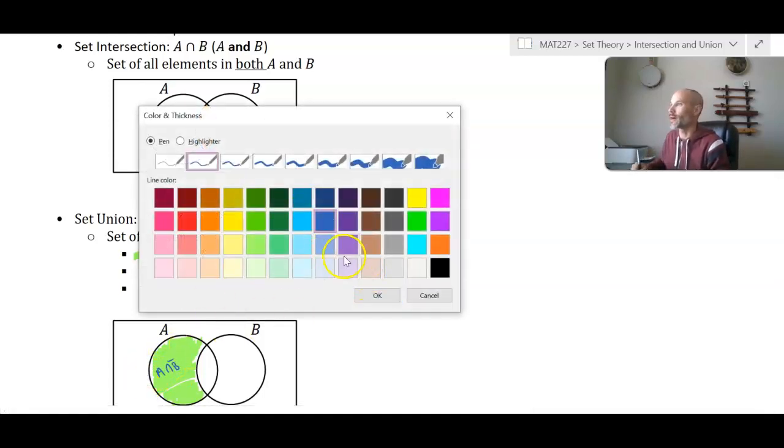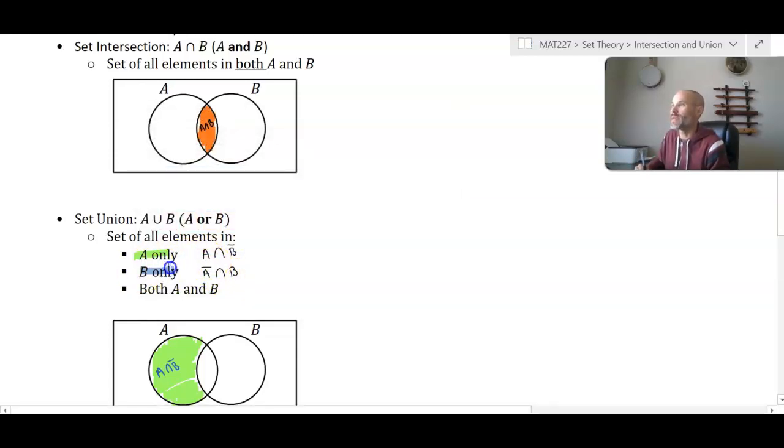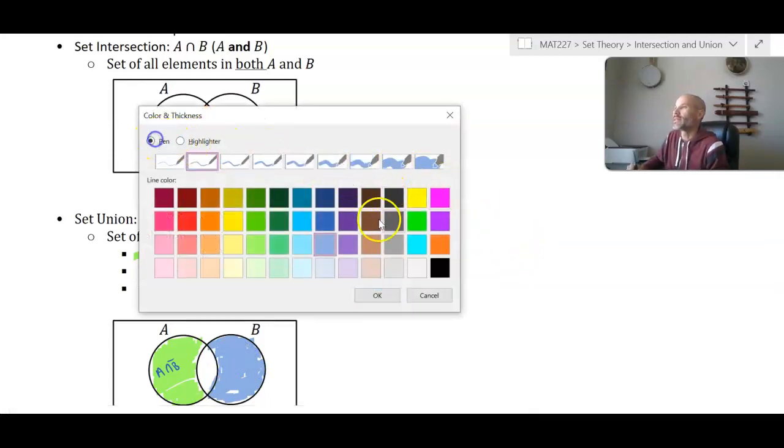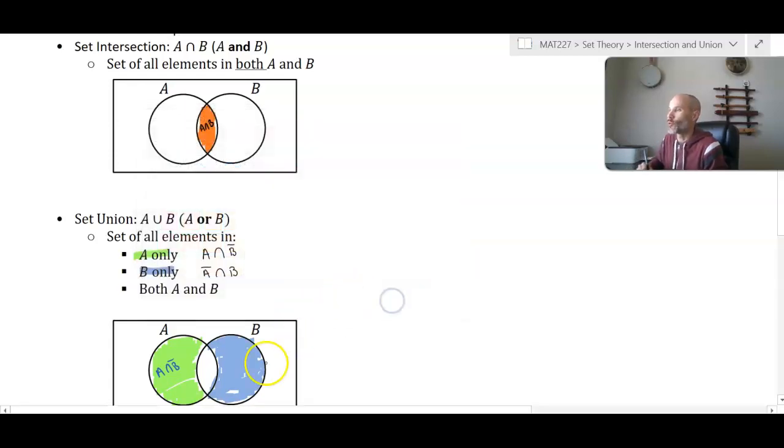You are in A and you're not in B. Now for the second piece, B only, well, that would be you're inside of B, but you're not inside of A. So you share nothing in common with A. And it's going to be all of this stuff right around here. Perfect. Let's go ahead and label that as you are in B and you are not in A.